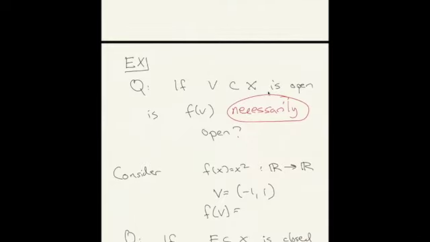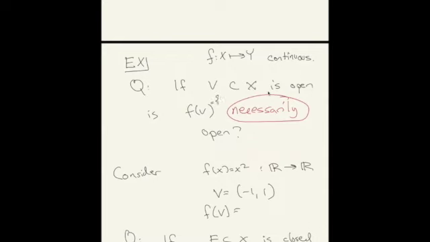So let's first look at the open set case. So suppose we have an open set V of X, and we still have our function f from X to Y, which is continuous. This was actually asked on Campus Wire. And the question is, the image set, so all the values that you attain in the set V, is this open?